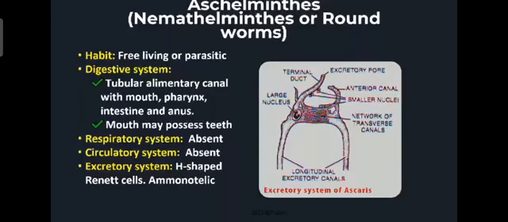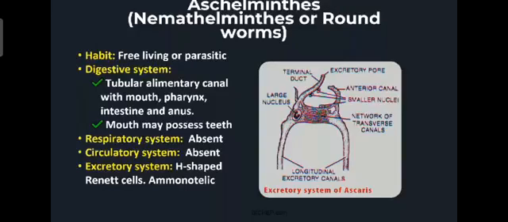Now we will move to the digestive system. So the digestive system here is a tubular alimentary canal, that is, tubular with mouth, pharynx, intestine and anus. So the mouth is present and what is the last? Anus is present. In between are the pharynx and intestine. Here you will find the complete type of digestive system with a well developed mouth and anus.